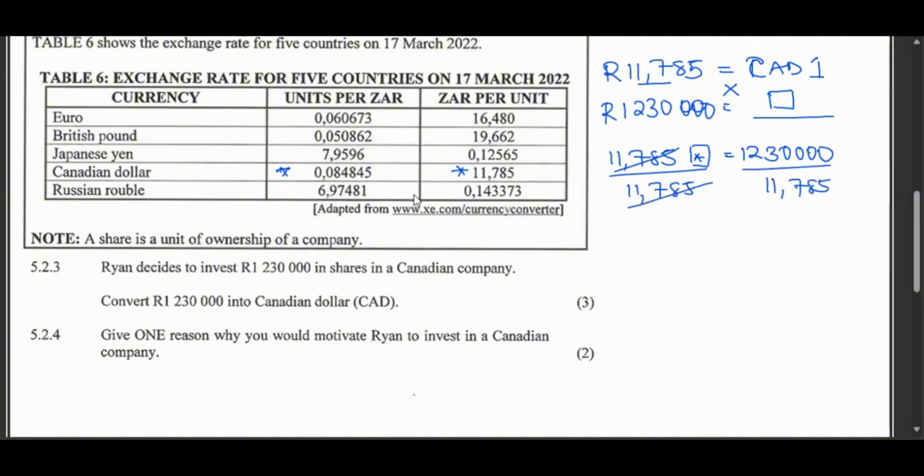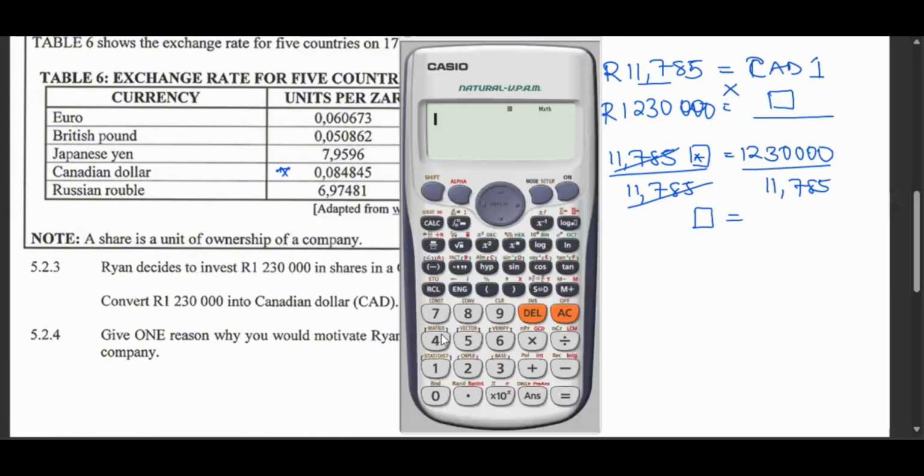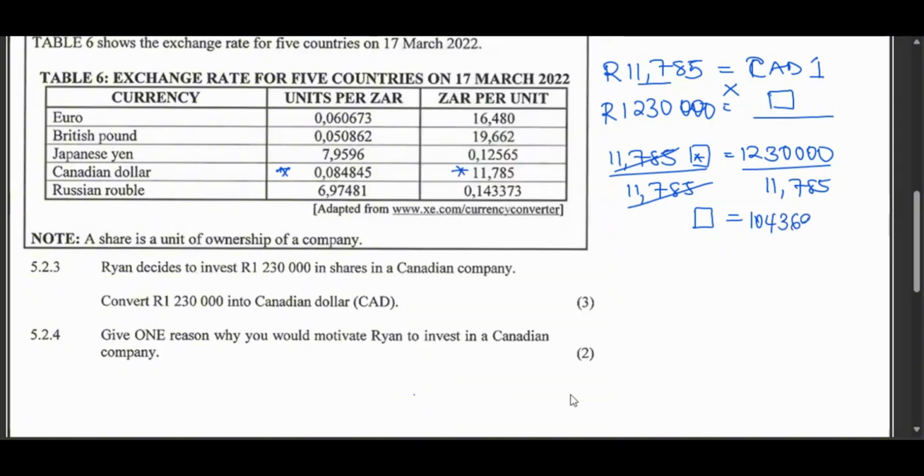And when we divide through, our answer becomes 1,230,000 divided by 11,785, which equals 104,369.96.